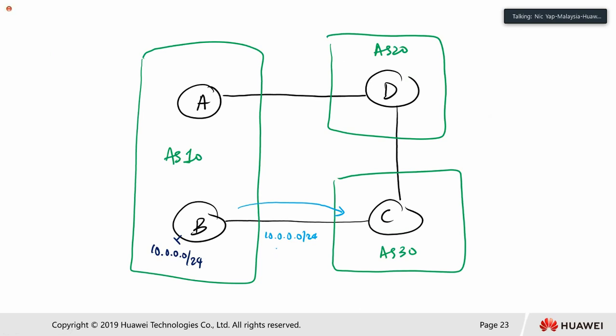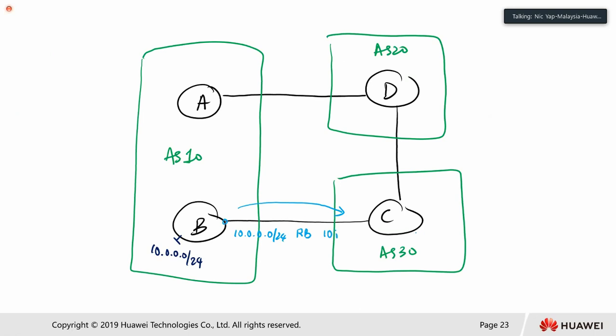The next hop is router B, followed by the AS path, followed by the origin, 10i. It's better to write it on one line so it's easier to understand: 10.0.0.0/24, next hop router B, AS path, origin 10i.